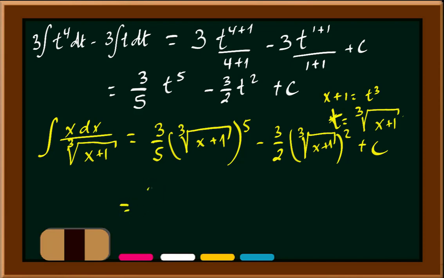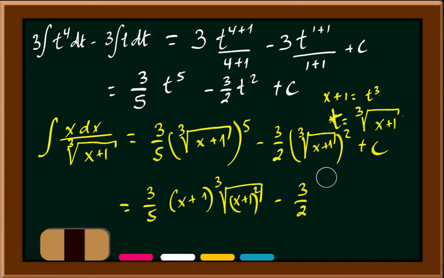So we can say 3/5 of x plus 1, we pull the cubic root of x plus 1 squared outside and we leave x plus 1 minus 3/2.